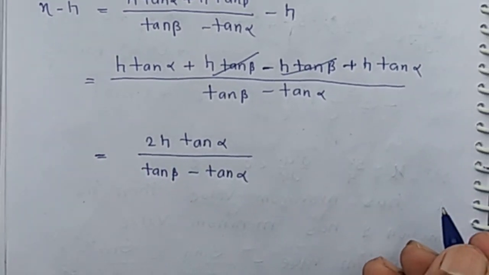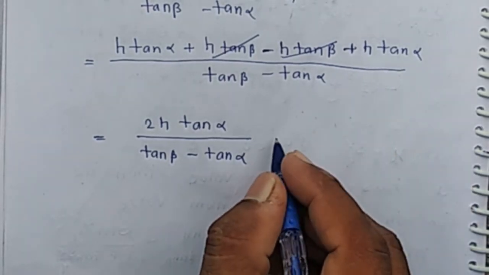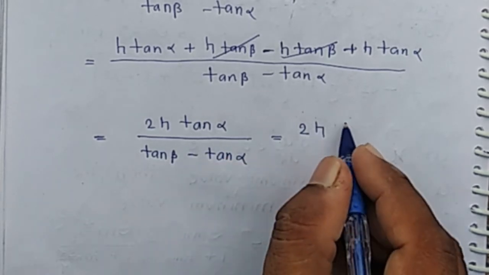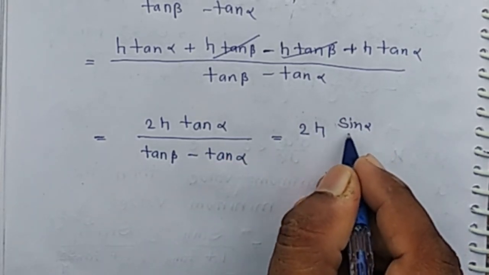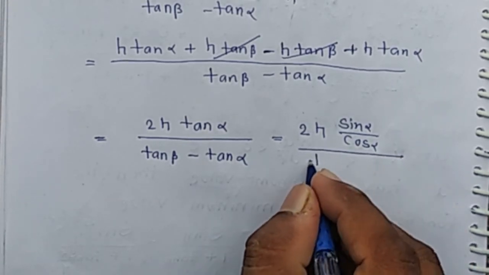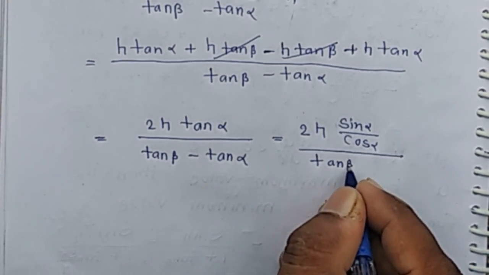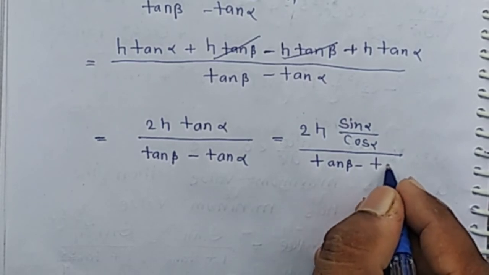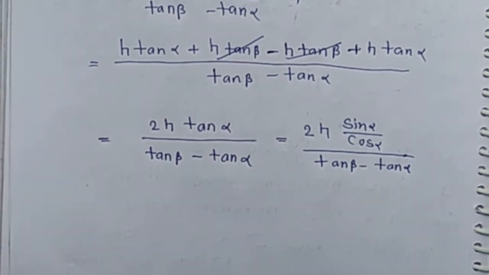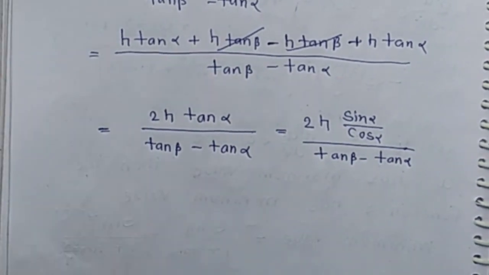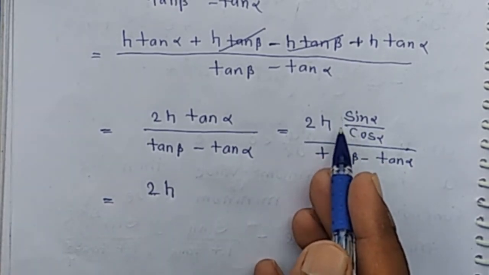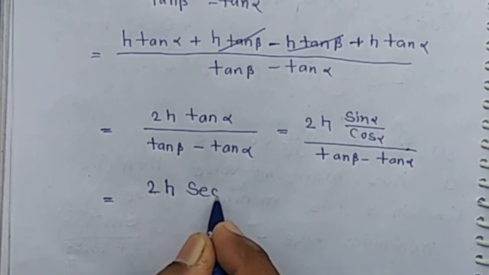Now tan alpha is equal to sin by cos. Then we can write 2H tan alpha as sin alpha by cos alpha, in which 1 by cos alpha is sec alpha.